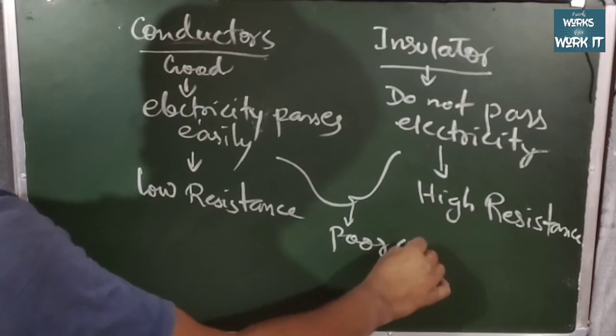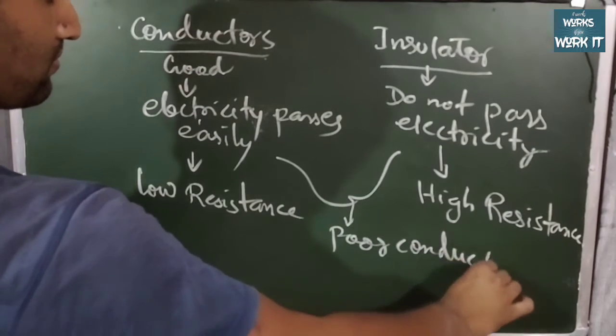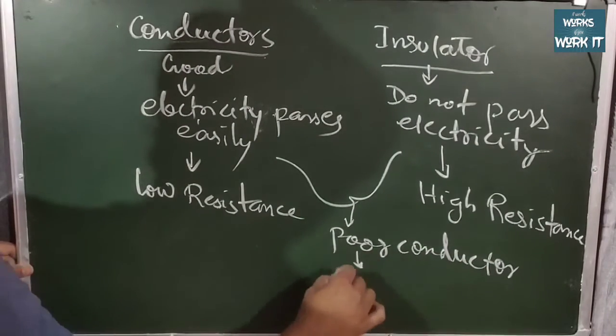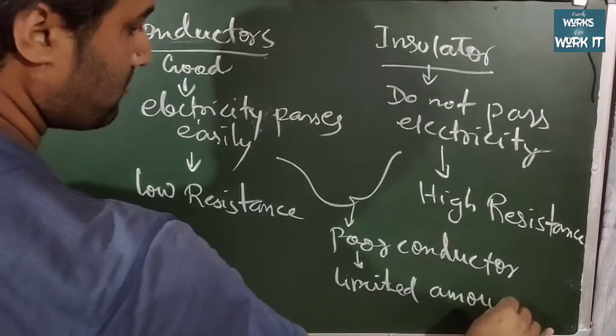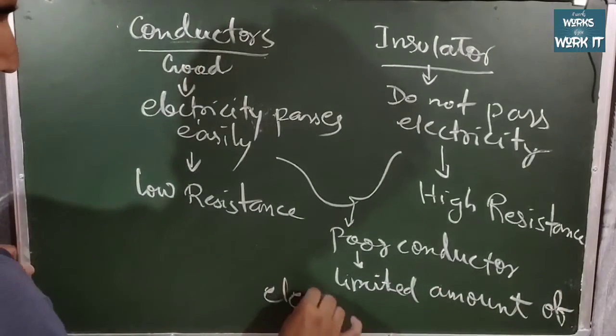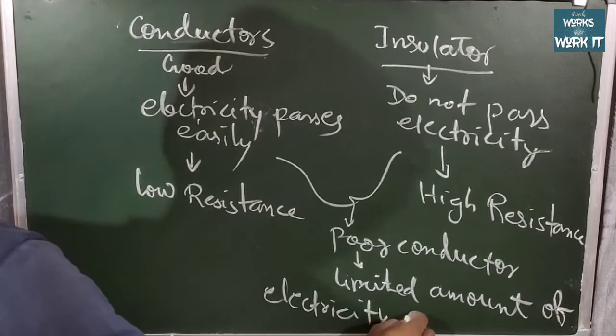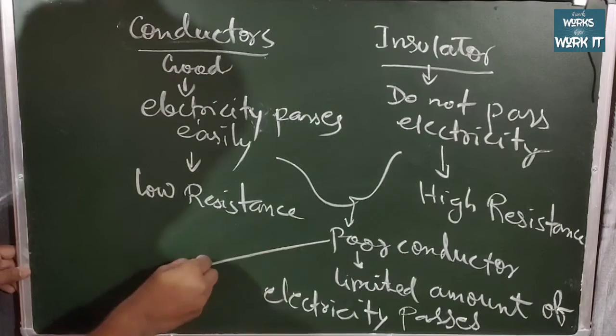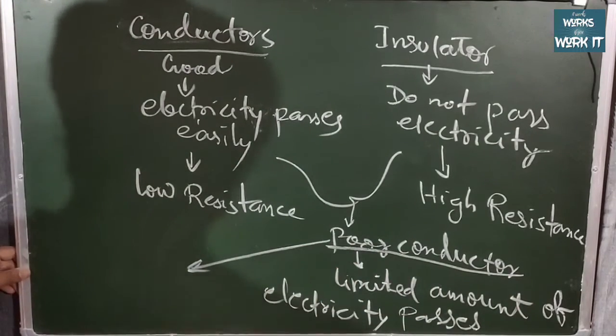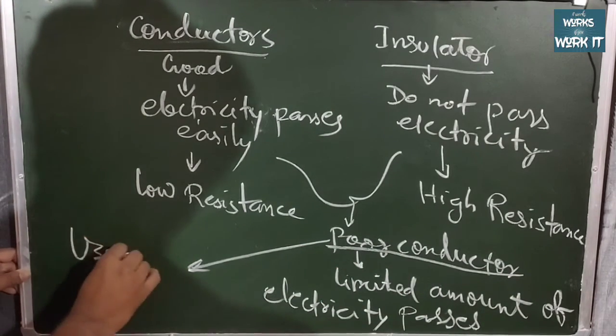In between these two, we have another thing, that is poor conductors. Poor conductors are those which limit the passing of electricity, or we can say a limited amount of electricity passes. So these poor conductors are used as resistors.